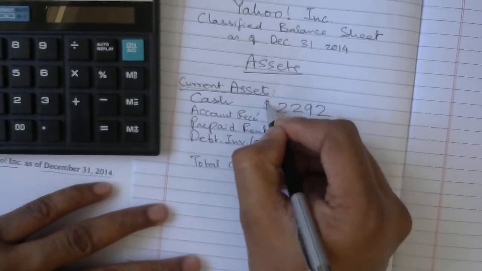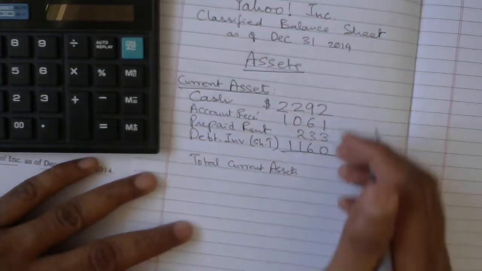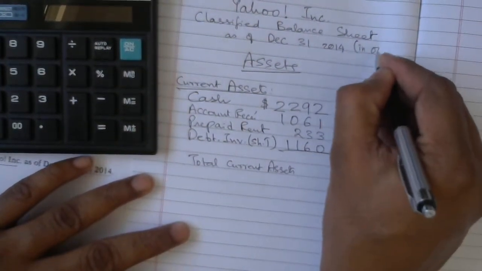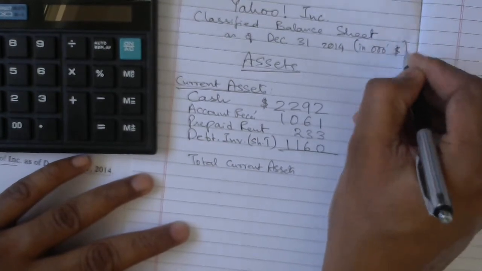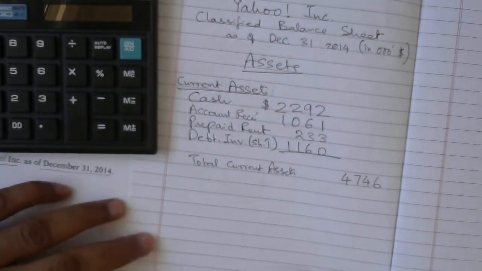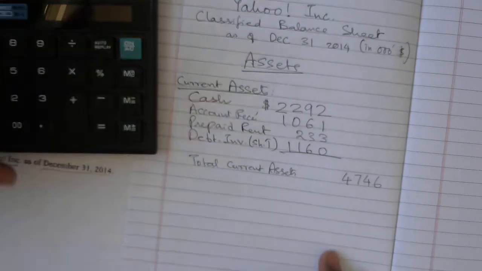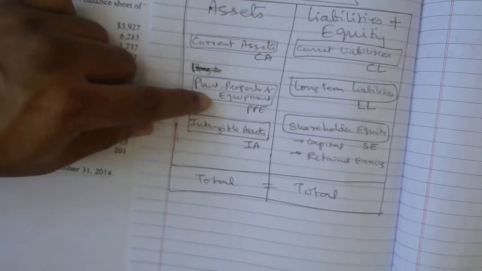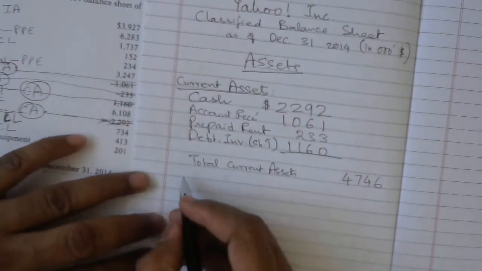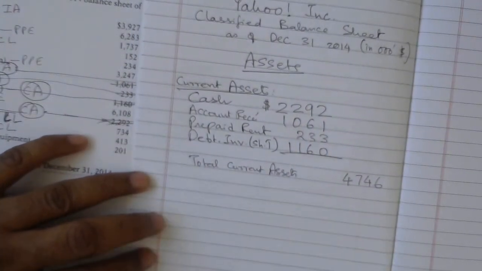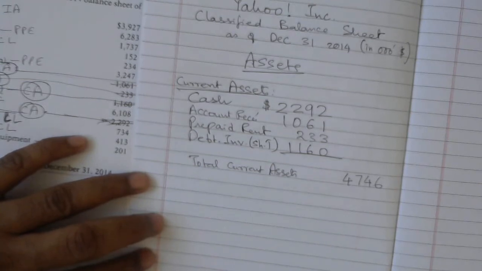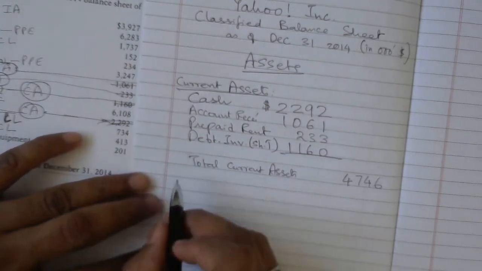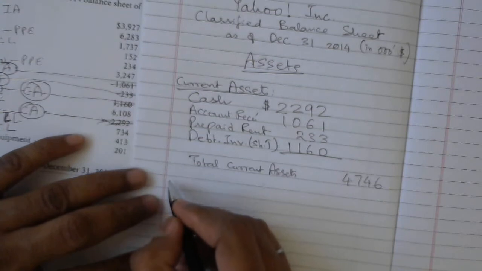By the way, this is in thousands of dollars. Okay. So in $1,000. Okay. So current assets is done. Next, if I go to the structure, current asset is over. Next, plant, property and equipment. Okay, so let's see whether we have anything under plant, property and equipment. In fact, we also have what is called a long-term asset.